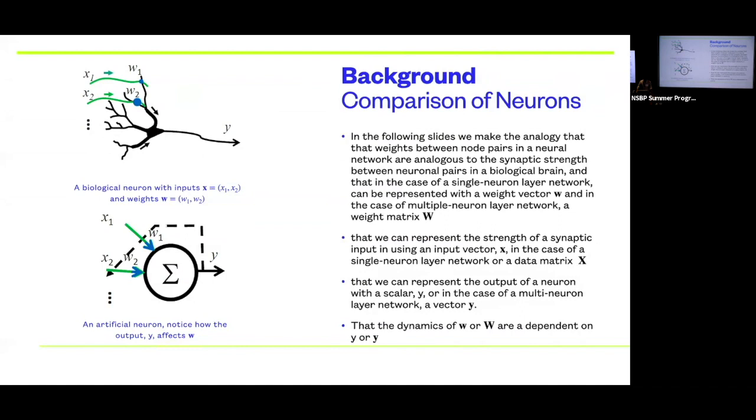Essentially, we'd like to make the analogy that neurons receive input from a variety of sources, and these can be represented with a data vector X or matrix X, and they will normally compute an output that we can represent with a scalar Y, or in the case of multi-neuron layer networks, a vector Y. We say that the synaptic strength between neurons can be represented with either a vector W or a matrix W, depending on if you're working with a single neuron layer or a multi-neuron postsynaptic layer.